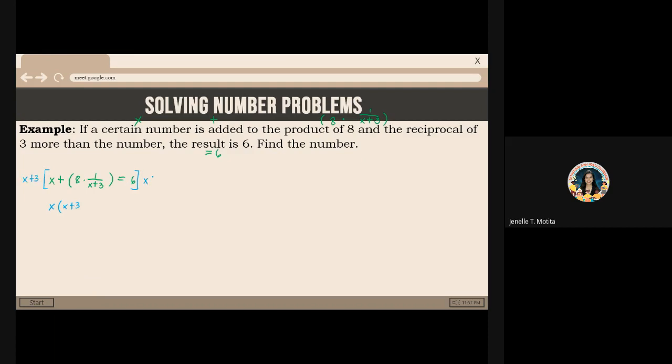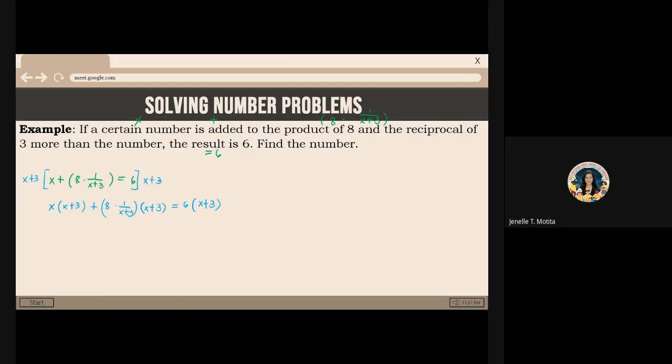You multiply all the terms by x plus 3. So x times x plus 3 plus 8 times 1 over x plus 3 times x plus 3, of course, is equal to 6 times x plus 3.